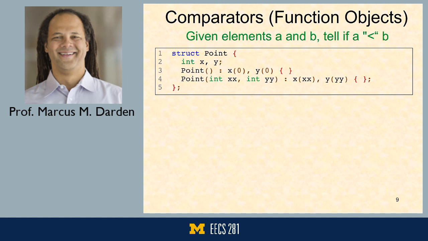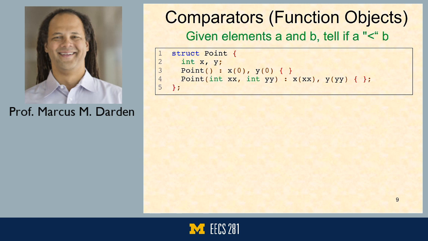If the thing on the left is less than the thing on the right, you should return true. If the thing on the left is less important or has a lower priority or a lower value, whatever the application is, the STL is looking for less-like behavior out of its comparators. So if the thing on the left is less than the right, you return true. Otherwise, you return false.